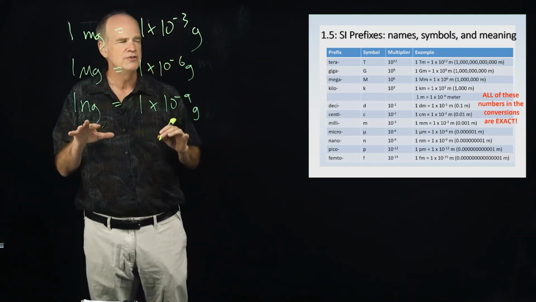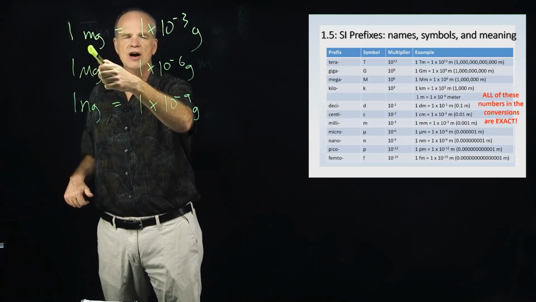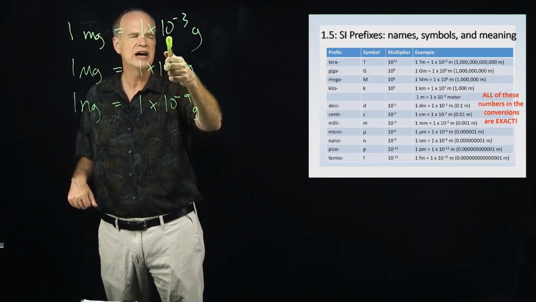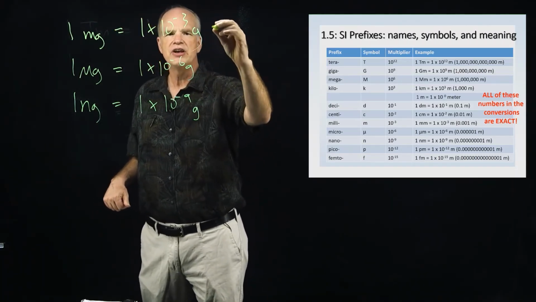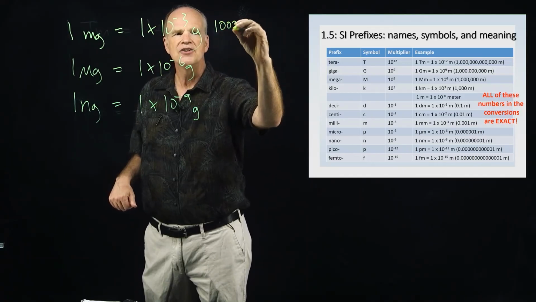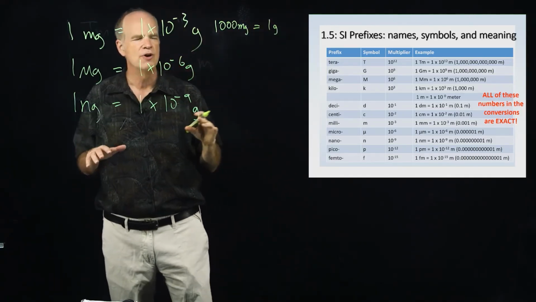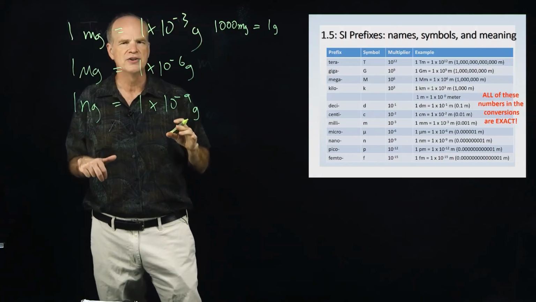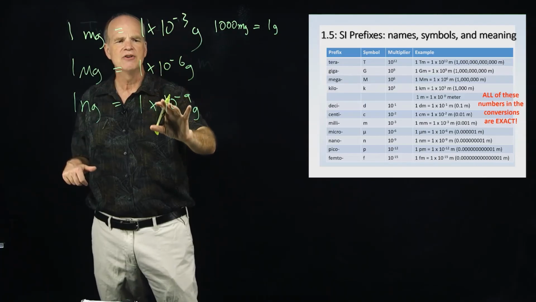Now, one thing you may note or have learned in the past is that you can say that 1 milligram is equal to 1 times 10 to the negative 3 grams. But also, if you wanted to, you could say that 1,000 milligrams is equal to 1 gram. And so this equivalency is perfectly fine to use in calculations. I think it may be easier to remember this power series here.